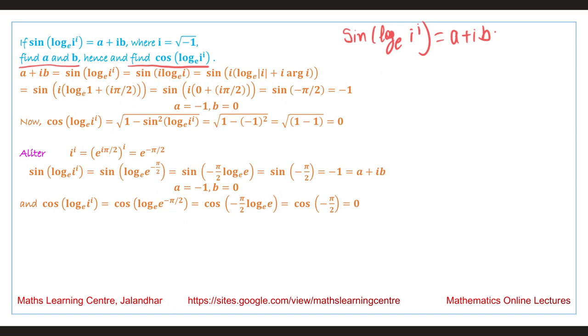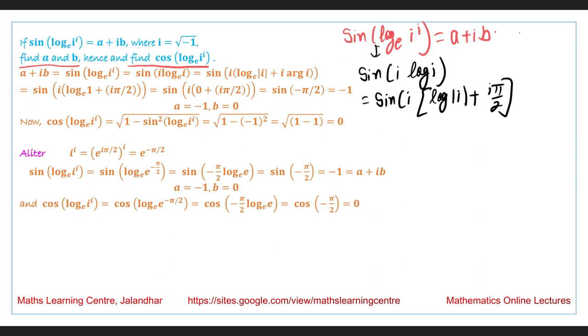To solve this, if we look at the inner value, it is sine of iota log of iota. What is log of iota? It is log of mod of iota plus iota pi by 2, that is the argument of iota. So the angle we have over here is pi by 2.